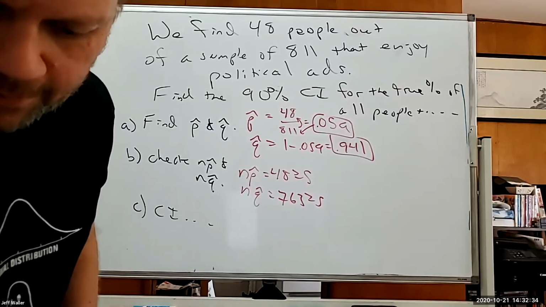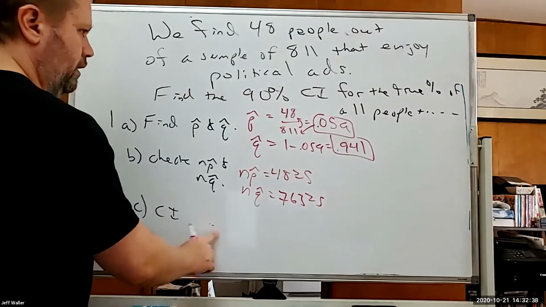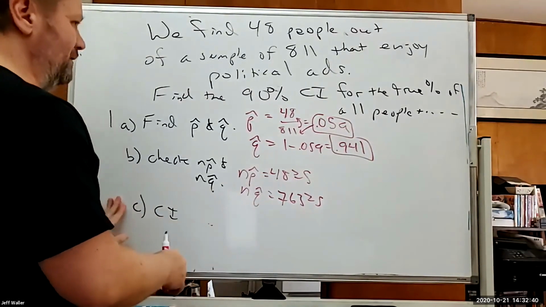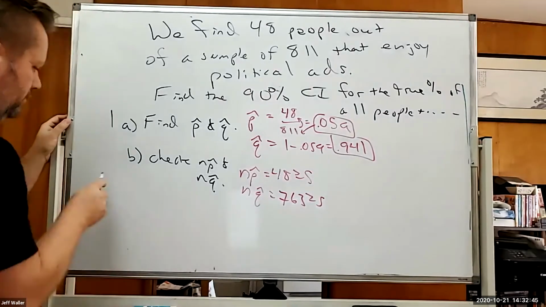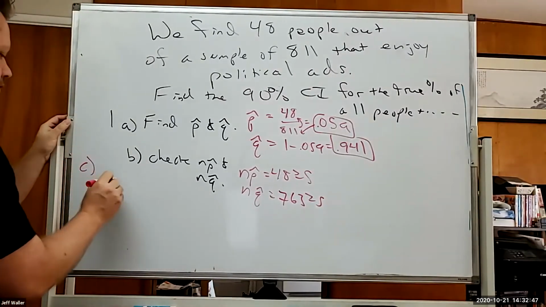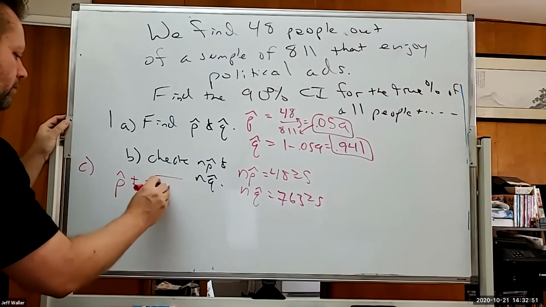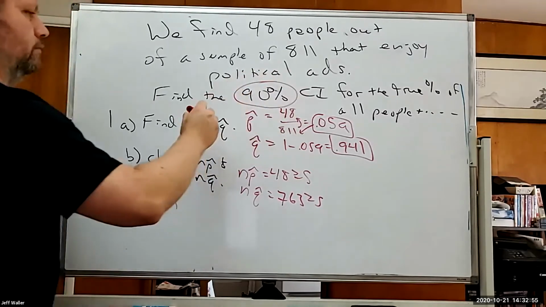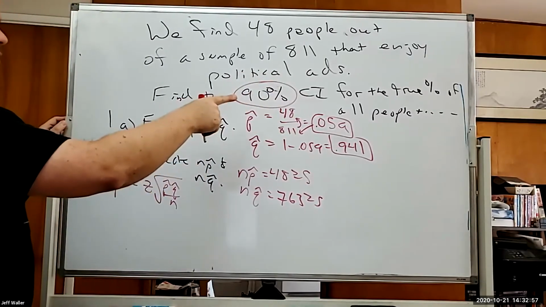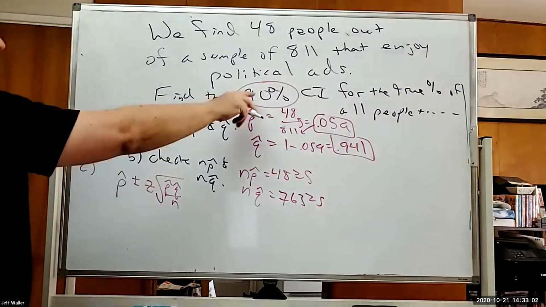Oh man, I got to recharge my poor little battery on my calculator. All right, so now I've left myself with no room for the confidence interval. But just to remind you guys, it's P hat, give or take, Z times the square root of P hat Q hat over N. What did somebody get for Z? For the 90%? 1.645. Yeah, if you look in your little chart, you'll get 1.645.